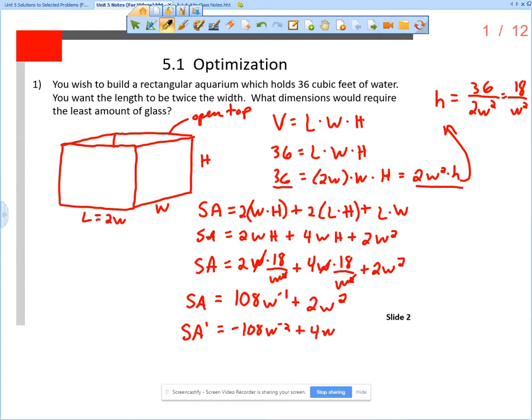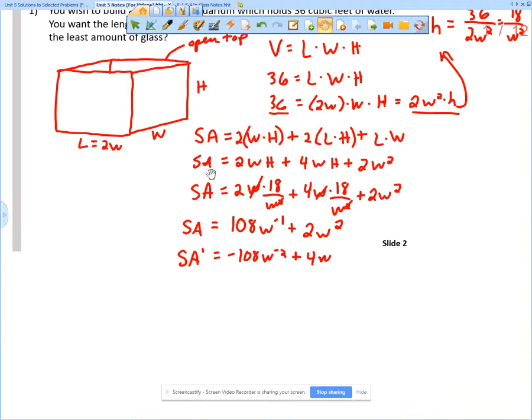Now, we're going to figure out where the minimum occurs by setting this equal to 0 and figuring out when this derivative changes from negative to positive. So I'm going to set it equal to 0: negative 108W to the negative second plus 4W.